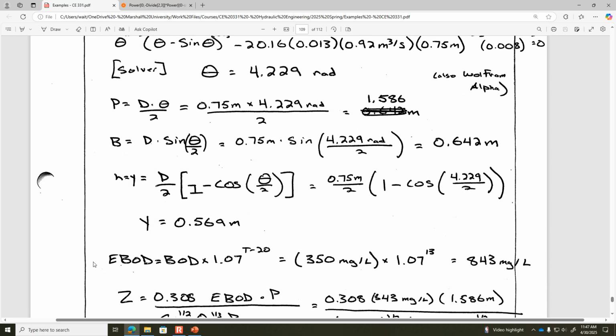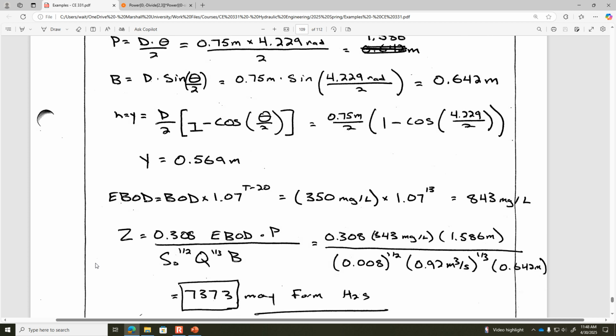So let's first of all calculate the effective BOD. It's the given BOD of 350 milligrams per liter multiplied by that temperature correction factor, 1.07 to the power of 13, because we're 13 degrees above 20 Celsius. So the effective BOD will be 843 milligrams per liter.